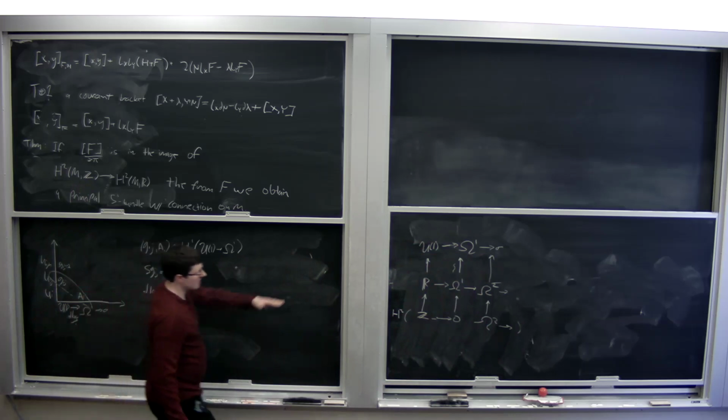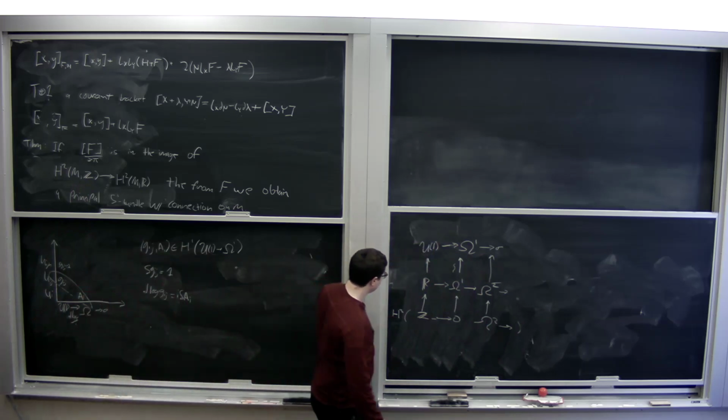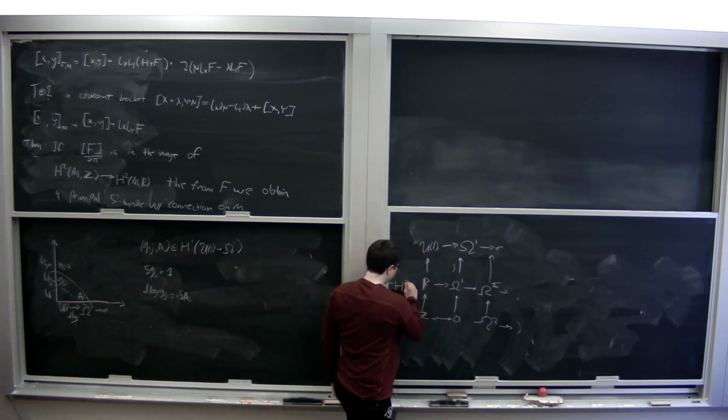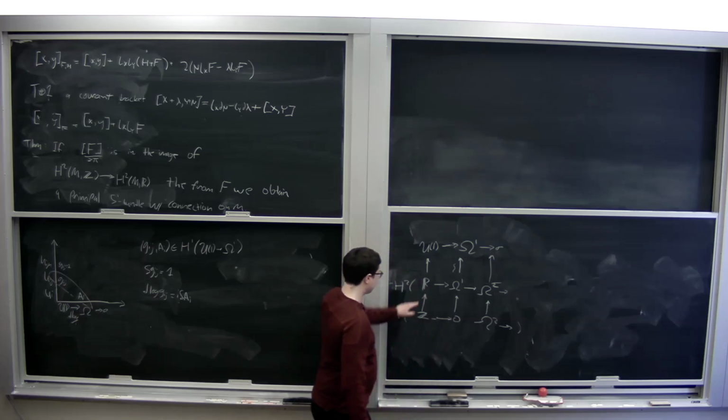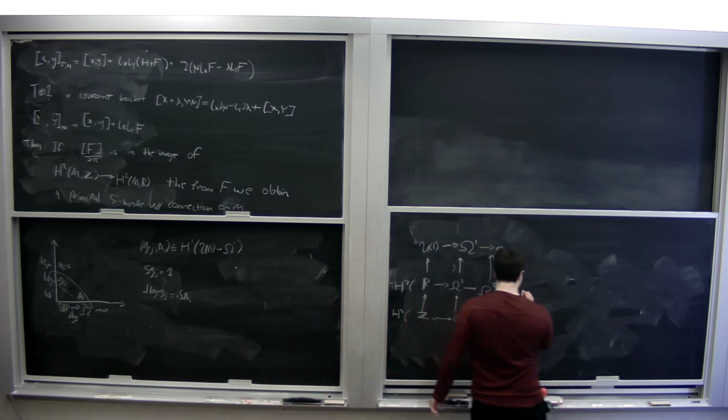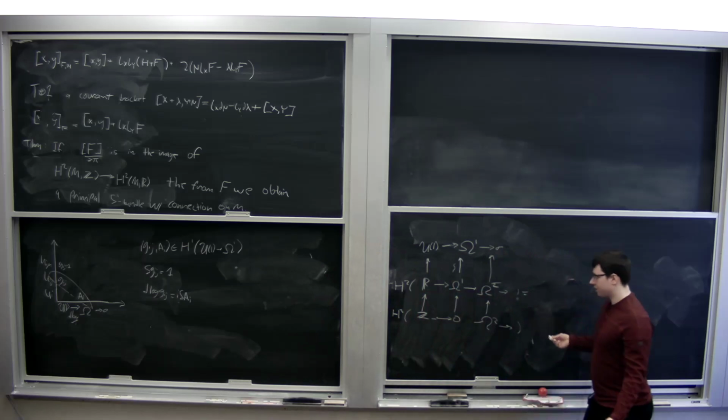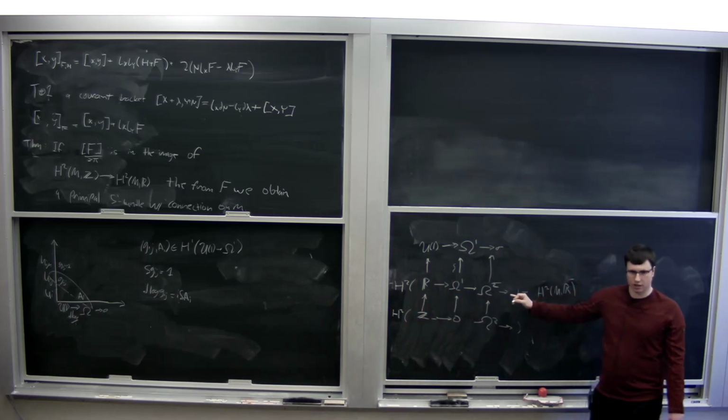So this slice is coming out of the board there. H2 of this middle complex is just the standard real valued cohomology, right? Because this is a fine resolution.